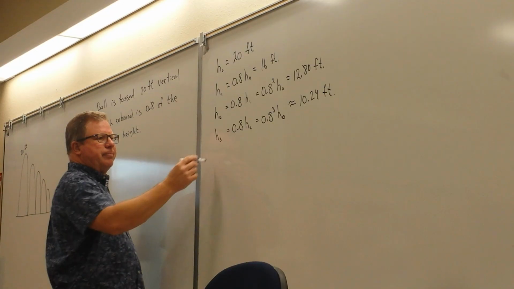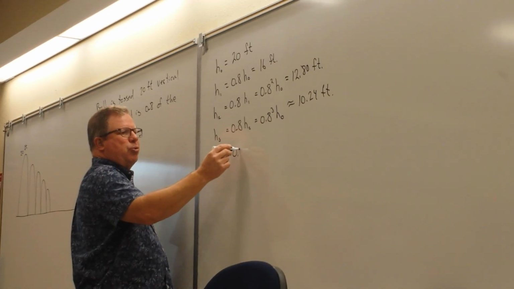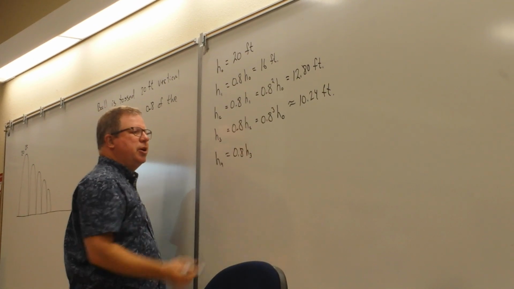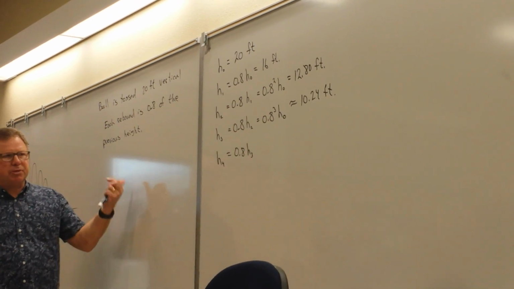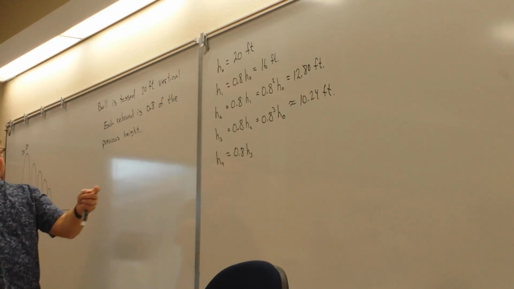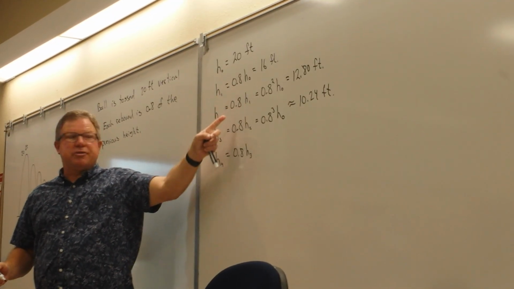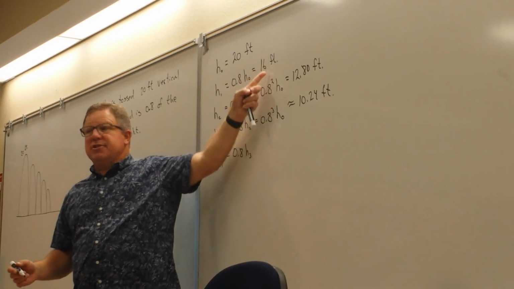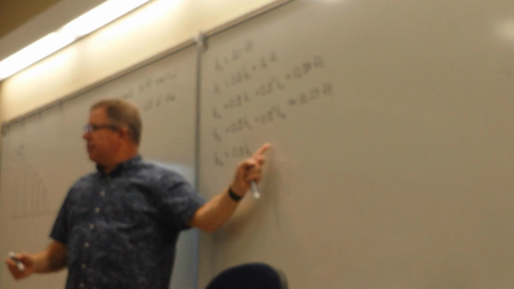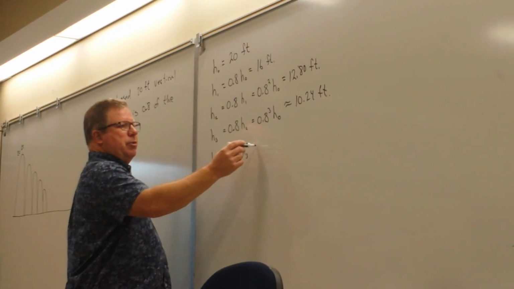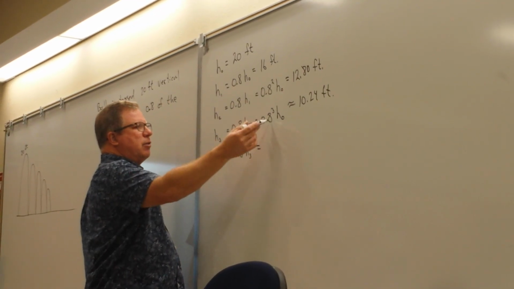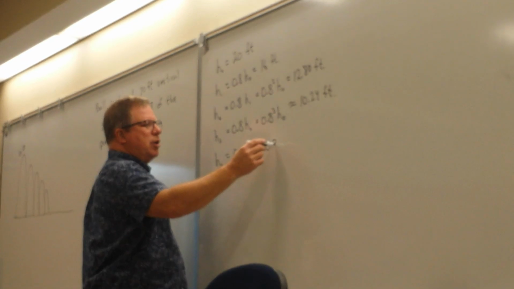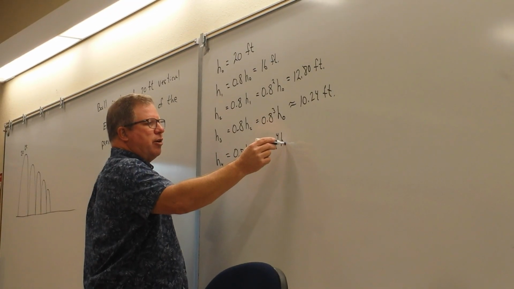Let's do another one. H sub 4 will be 0.8 times h sub 3, so 0.8 times the previous height. This is the recurrence pattern here. This is the explicit pattern, okay? Which you're just multiplying another 0.8 in it, so that becomes 0.8 to the 4th h naught.